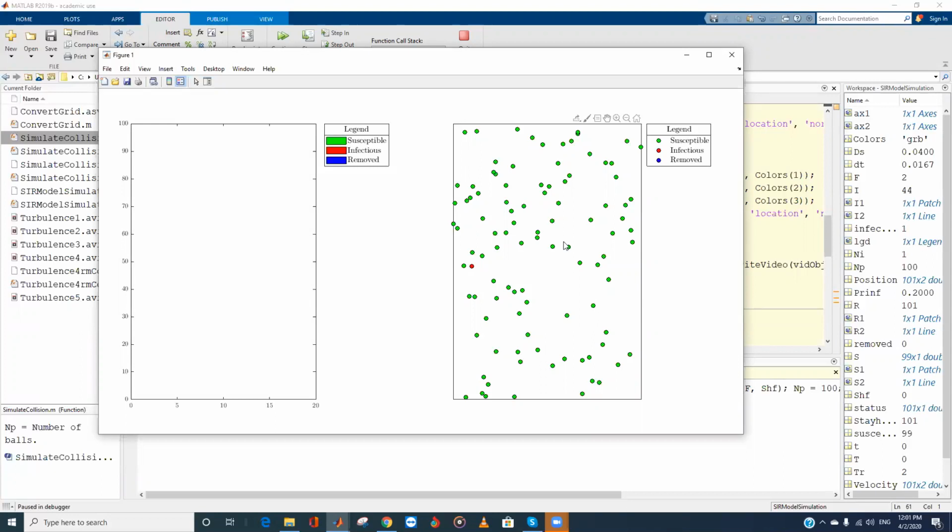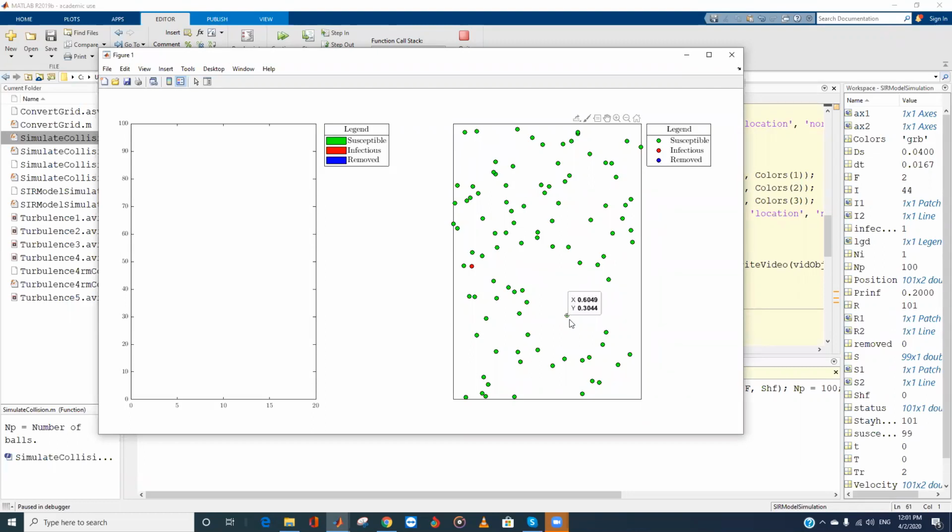We don't use the word recovered because these are equivalent: either you die, you recover, or you get quarantined. The three are the same, so we use a general name, removed, that applies to all three. If an individual is removed, the color becomes blue.